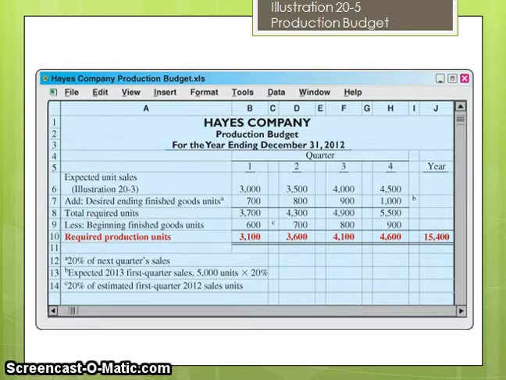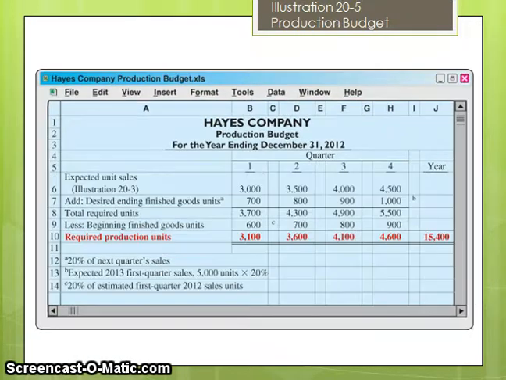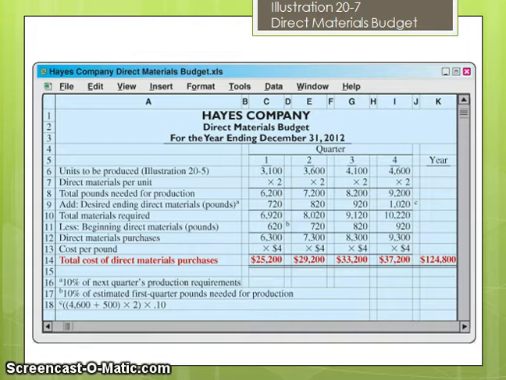After the production budget, then we get to direct materials, direct labor, and factory overhead. So the first one is direct materials. Well, if we look at our production numbers, we estimated we were going to have 3,100 units in production for first quarter. Whatever it is we're making, we need to look at the direct materials for that.